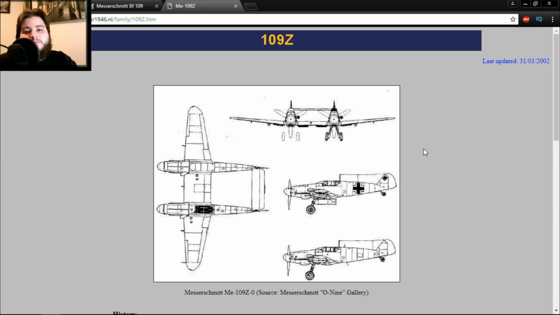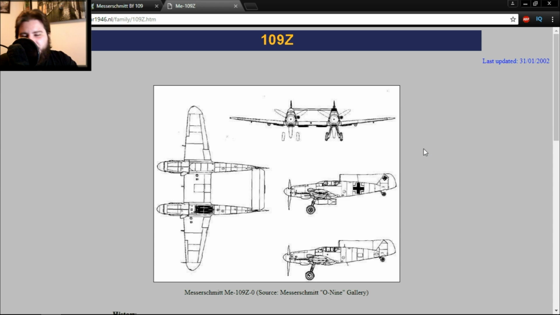Now, the issue with this is if you start adding implants like this in a decent amount, there are no comparisons you can make. There is no historical data on the 109Z. It never flew, so we don't know what it's supposed to fly like. So at the end of the day, Gaijin can create a flight model and a damage model which is completely ahistorical to fit the game.